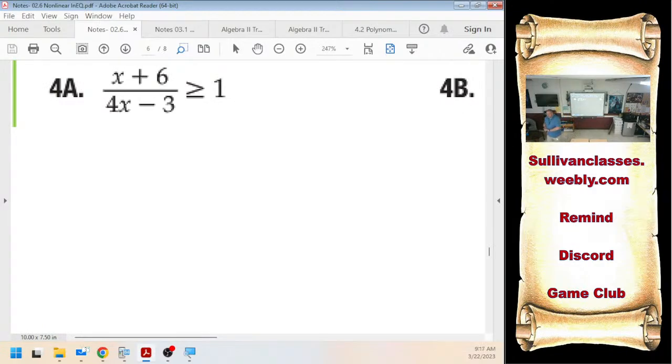Start with 4a. Everyone to one side of the bus, common denominators, x-intercepts, vertical asymptotes, test interval.